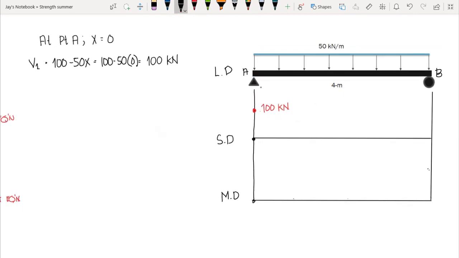And then we compute the internal shear at point B, and we know that point B is 4 meters from A, so therefore our x there is 4.